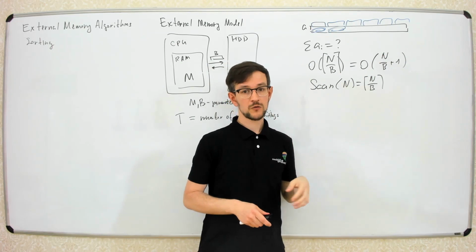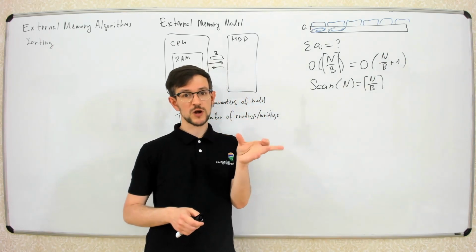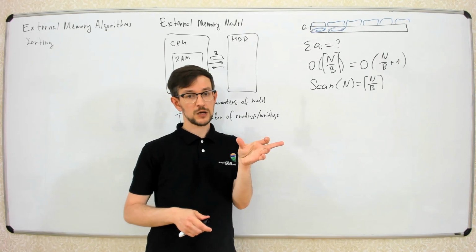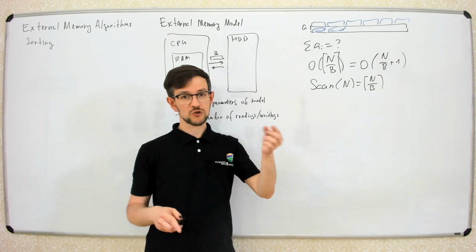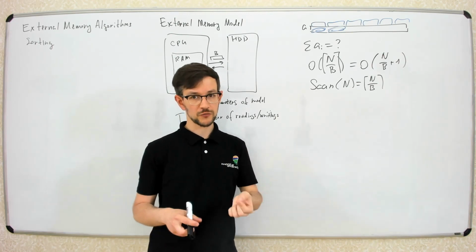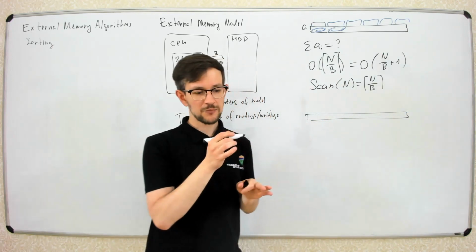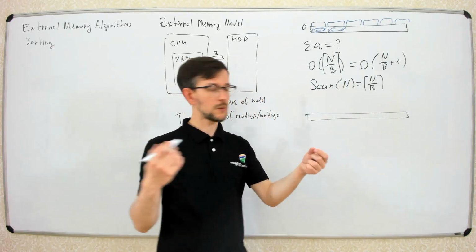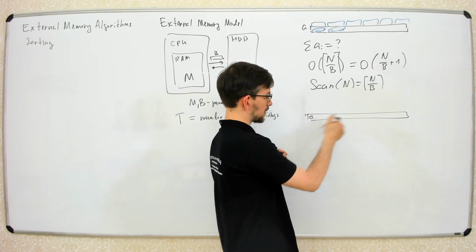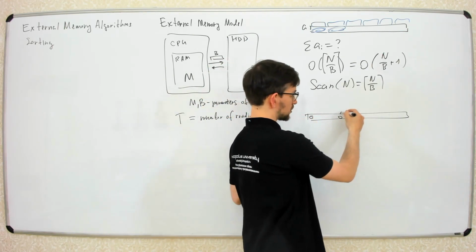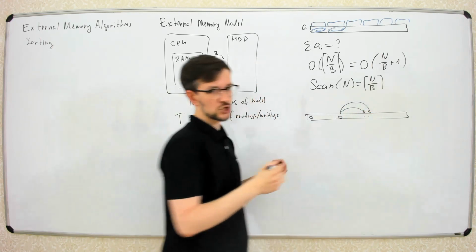For example, if you have heap sort, so if you try to sort your array using a binary heap, then your binary heap is actually trying to access random elements of your array. How is a binary heap stored in your memory? You have this array, and each element has some children. These two elements are the left and right child of your element.